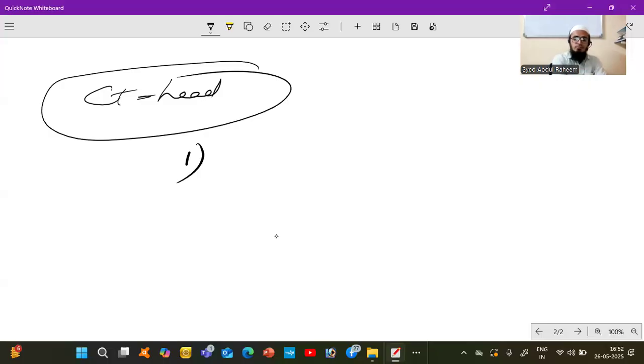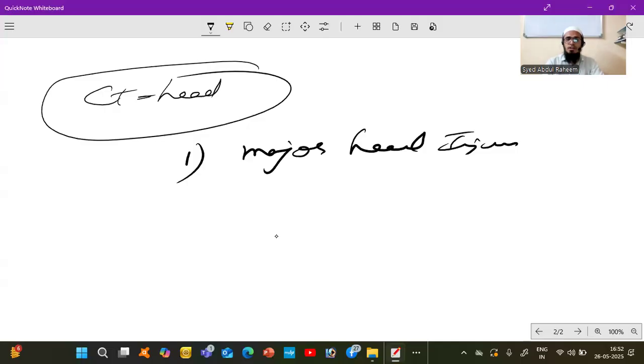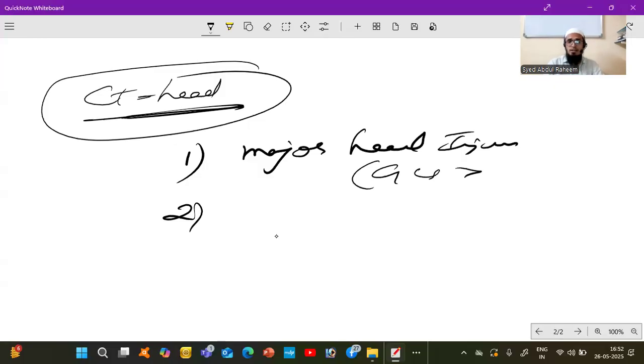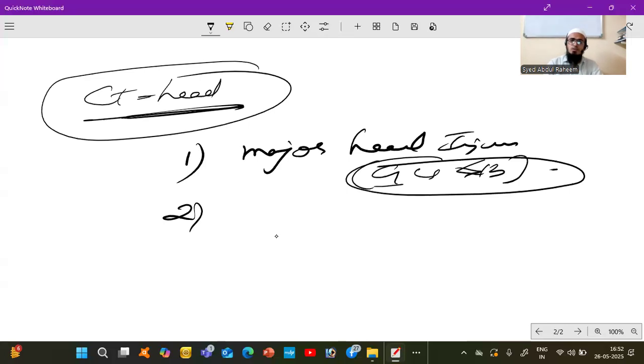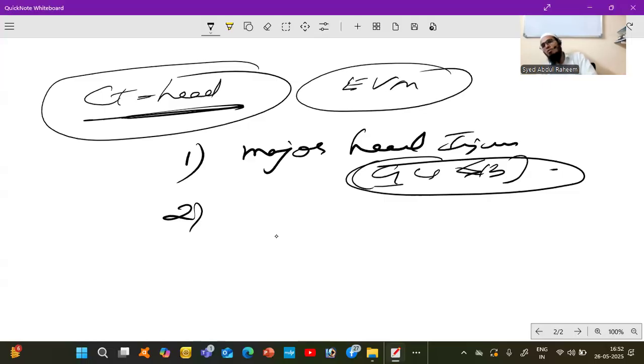Then you have to advise CT head for major head injury. And another one is GCS below 13. GCS means Glasgow Coma Scale. It is a scale by which you see eye movement, verbal response, and motor response.